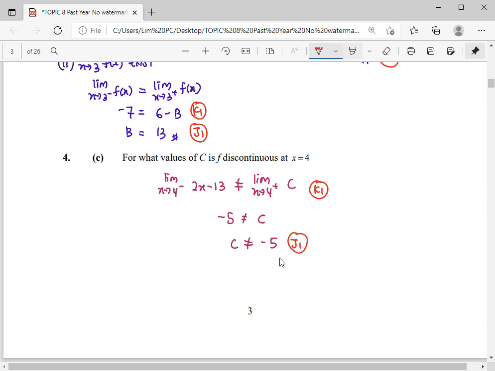Of course, we can also write the answer like this: c is an element of the real numbers except -5, which means c cannot be -5.